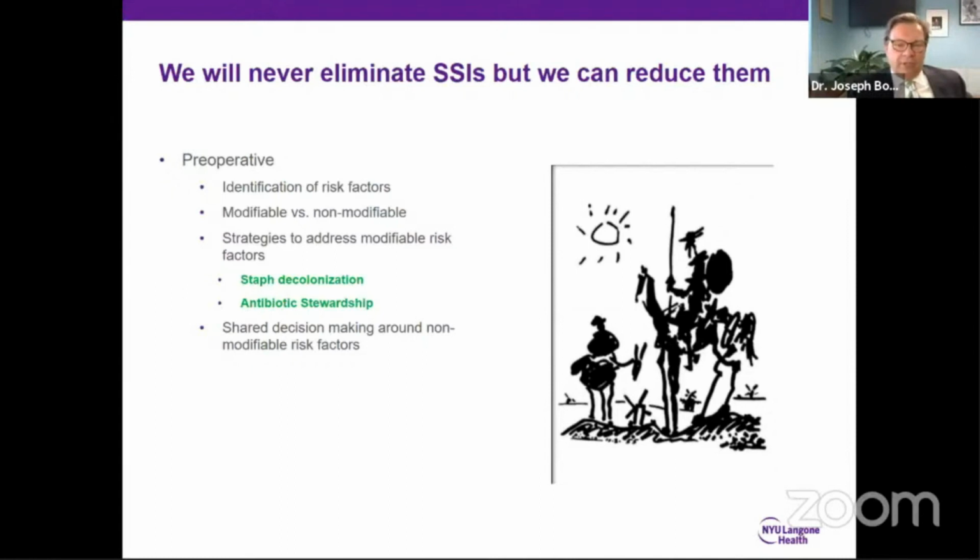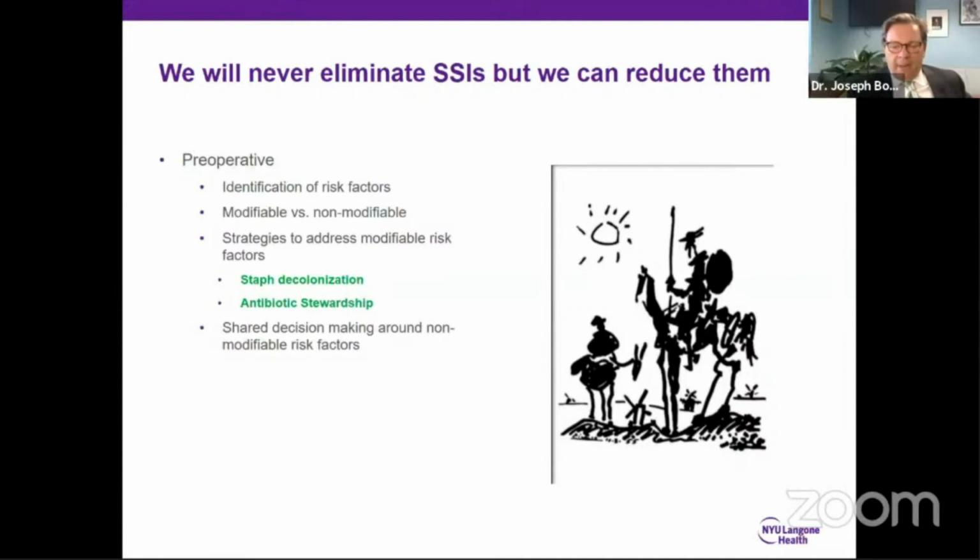One size certainly doesn't fit all, but we're never going to eliminate surgical site infections. If you operate, you're going to get an infection every now and then. But I think we can go a long way to reducing them by identifying risk factors, modifying them if possible, staph colonization, antibiotic stewardship, and shared decision making.